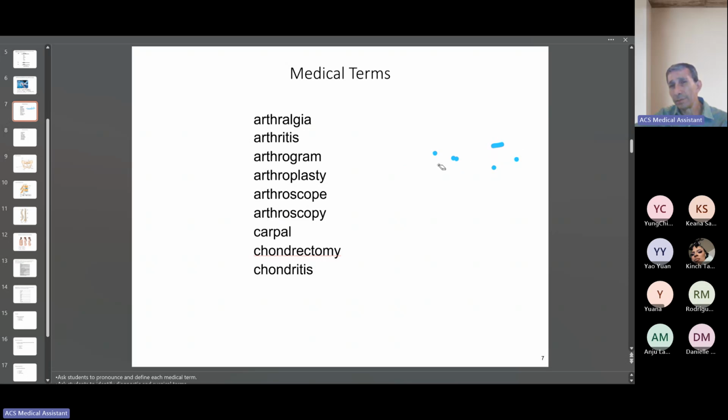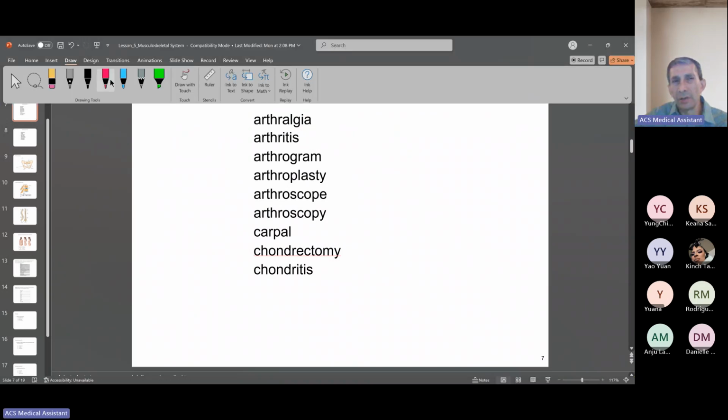But later on, if you get exposed to these terms, then it is not difficult for you to learn it, because you're going to revisit, oh yeah, I remember this one. I didn't have it right on the tip of the tongue, but then I went over my notes, I Googled it, and I said, oh yeah, that's what it means. So for now, we just follow along and make it easy for you.